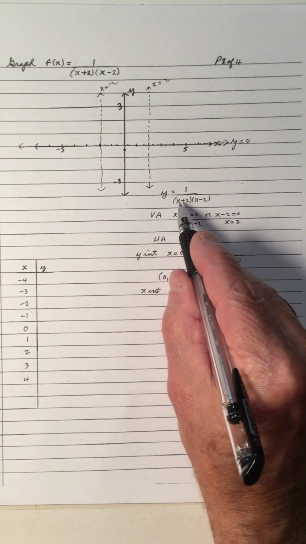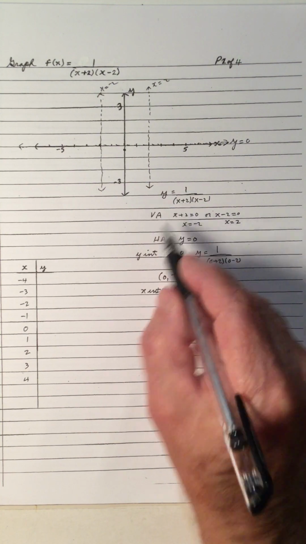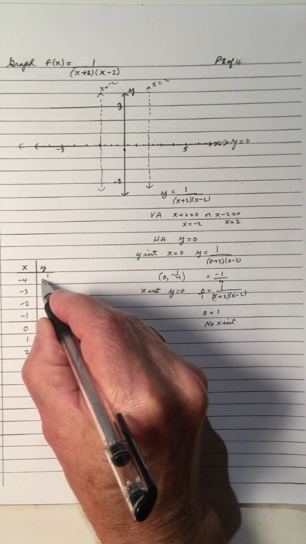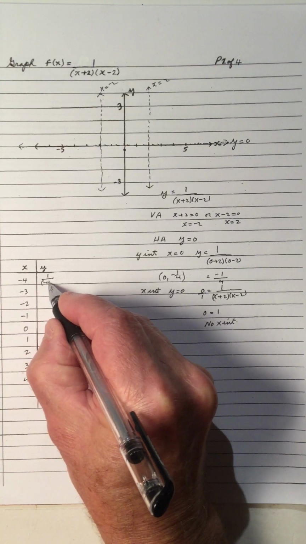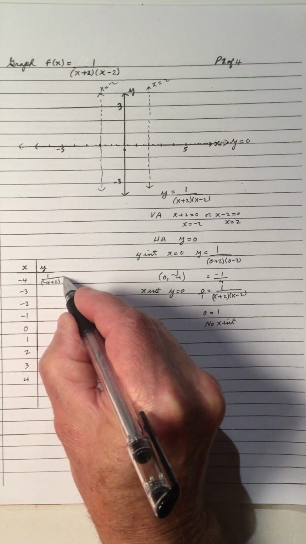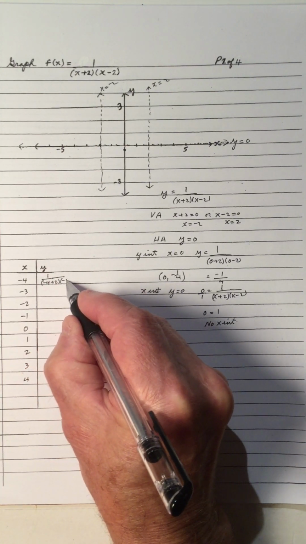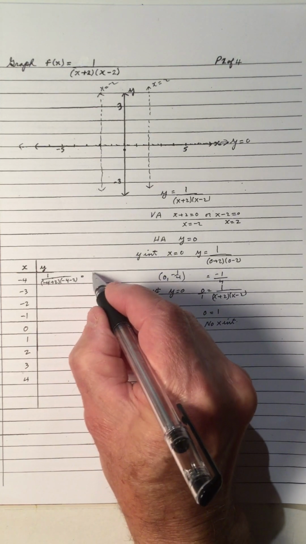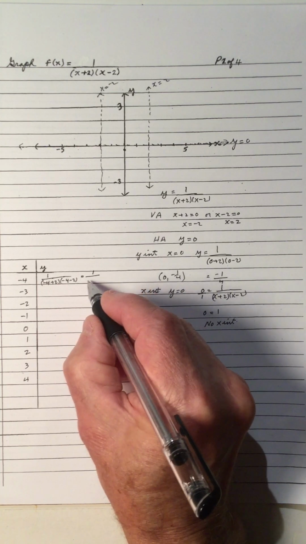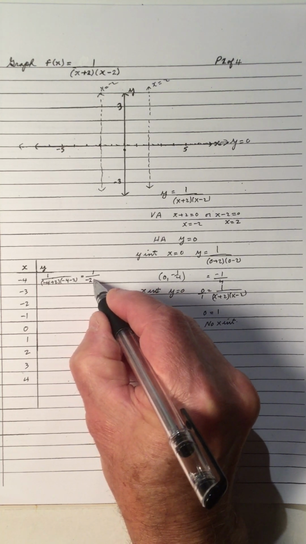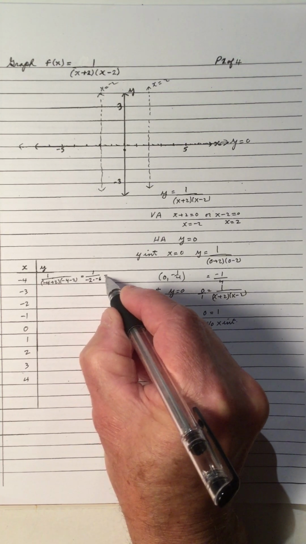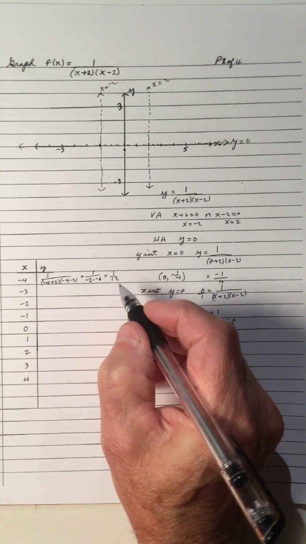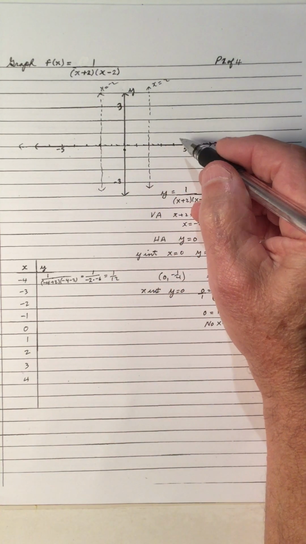If we take this equation and put a negative 4 in, we get 1 over (negative 4 plus 2)(negative 4 minus 2). So that becomes 1 over negative 2 times negative 6, so that's 1/12. We'll plot all these after.